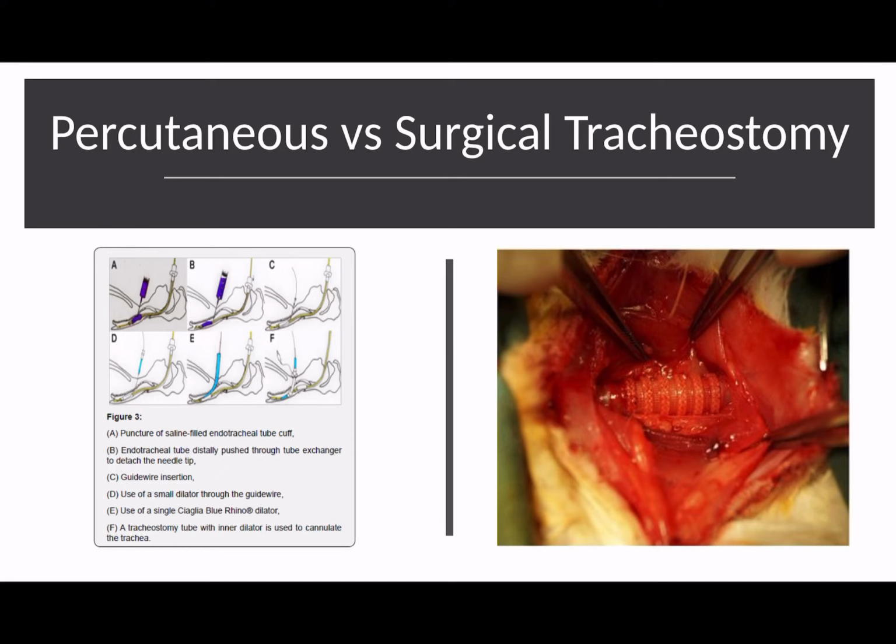So, the takeaway is, whenever you're taking over a patient with a tracheostomy, always find out whether it's a percutaneous or a surgical tracheostomy, and then always find out how long ago that tracheostomy was done. If it was done in the last 2 weeks, the nurses and yourself need to be very careful about when you're moving the patient or when the patient's coughing, that they don't cough their tracheostomy out, because you may end up losing that tract.